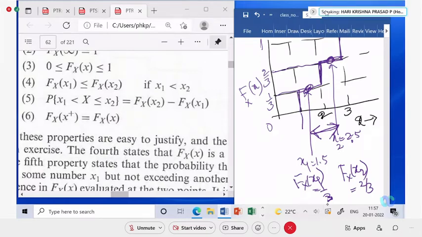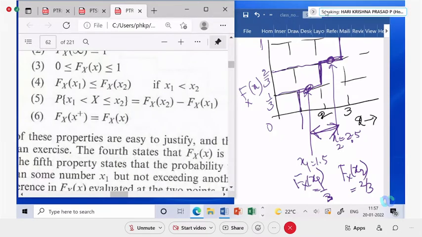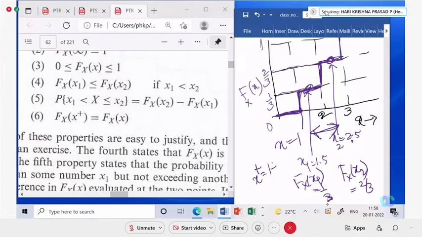Fifth property is covered. The sixth property is that the distribution function value at x equal to x superscript plus is the same as the distribution function value at x equal to x. Say x equal to 1. At x equal to 1, I have shown a sudden transition from 0 to 1 by 3. So what the sixth property says is, at x superscript plus, that x superscript plus is 1 plus delta.